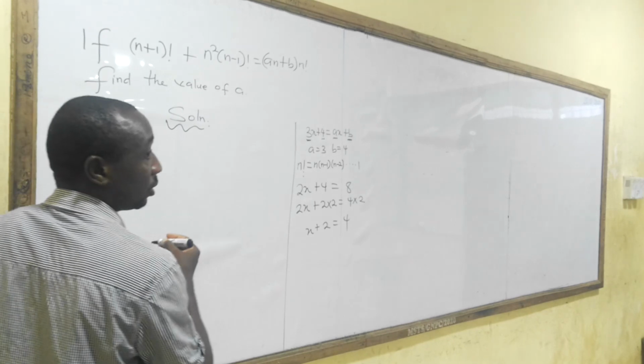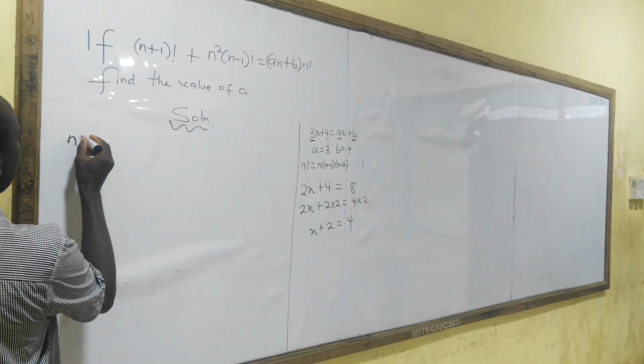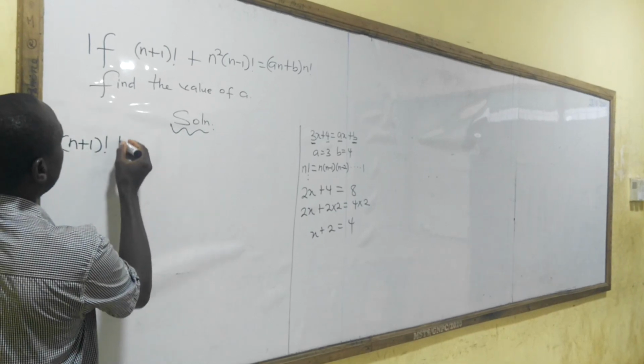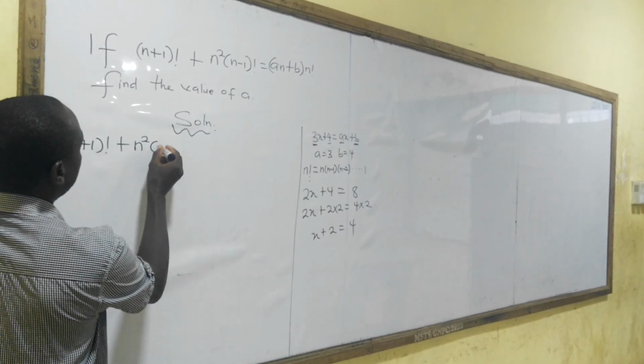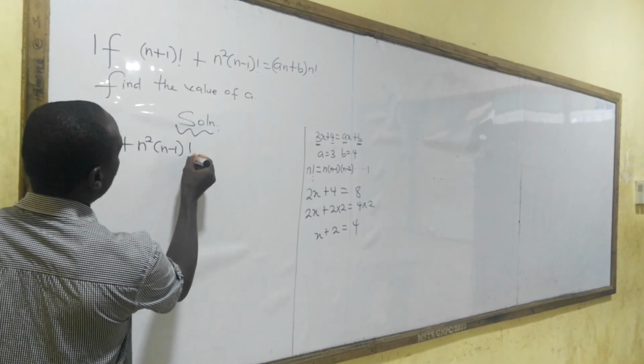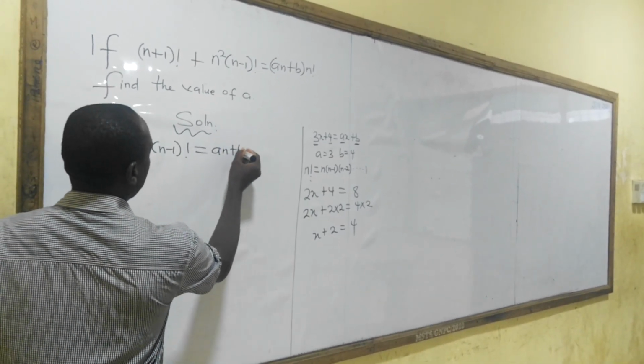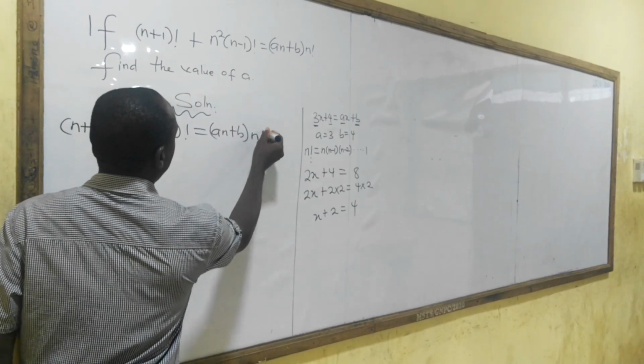Okay, so the question is (n + 1)! + n²(n − 1)! is equal to (an + b) multiplied by n!.